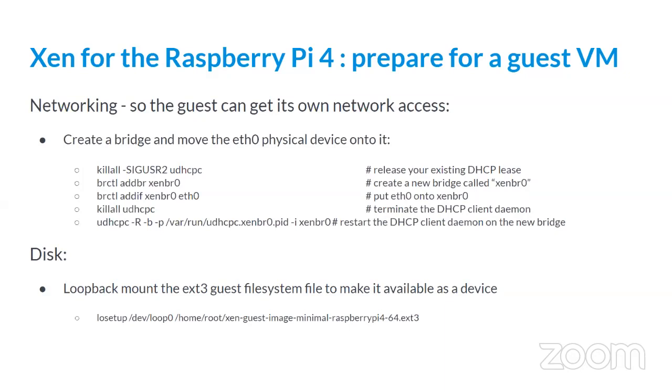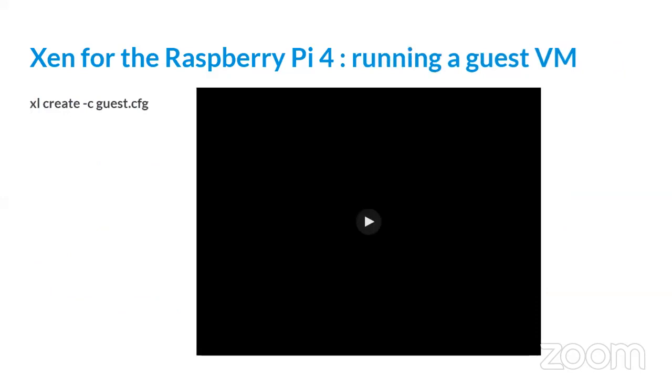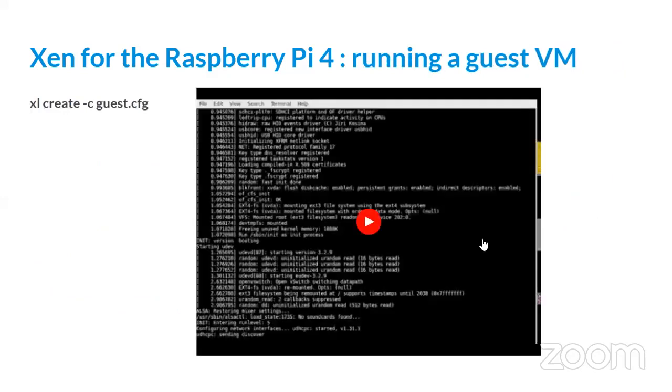And then there's a way of making your disk image available as a loopback device to make it easier for the Xen tool stack to pick it up and present it to a guest. At this point, you can then engage a second exciting boot sequence with the command on the left, which is a standard Xen command for creating a guest.